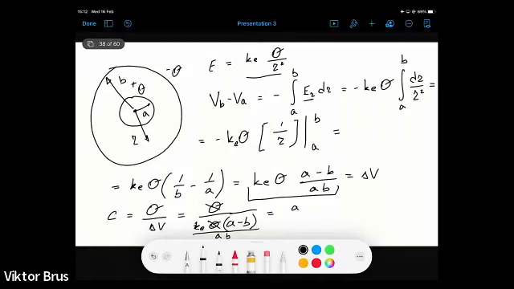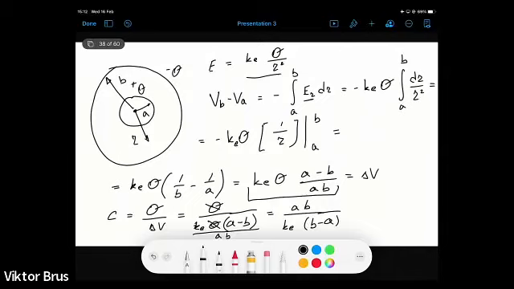Eventually we will get A times B divided by Ke (B minus A). So that is the expression for capacitance of a spherical capacitor.